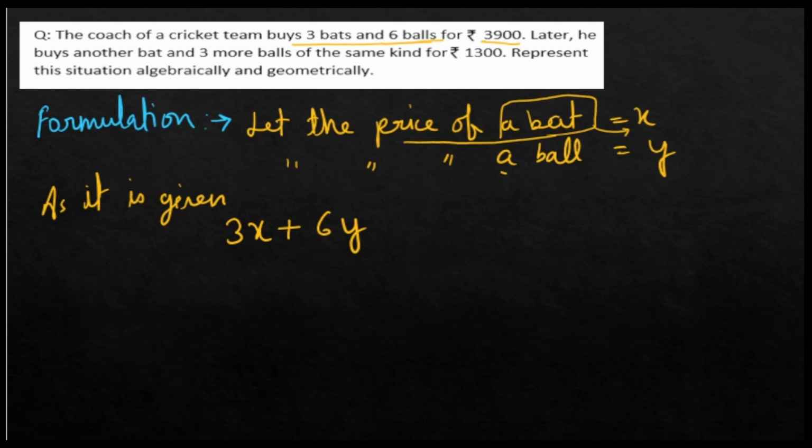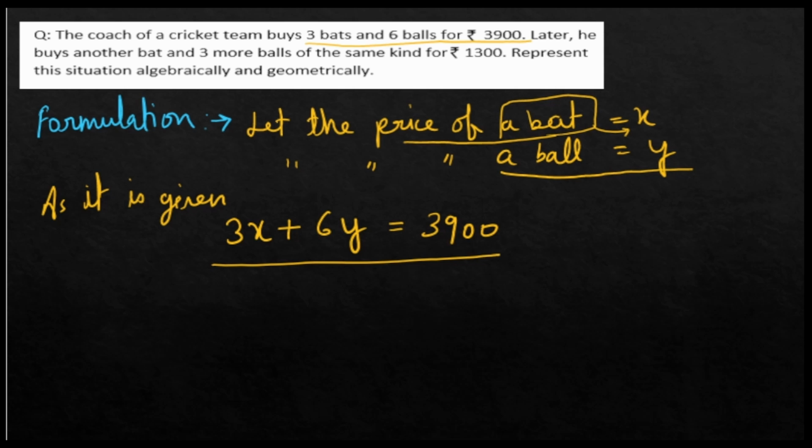As the price of a ball we considered here is y, then 3x plus 6y is equal to 3900.